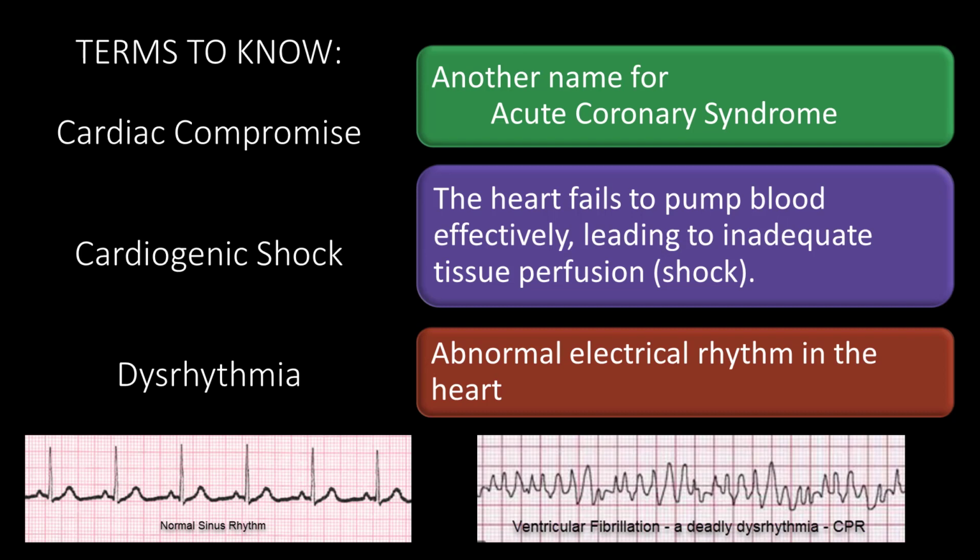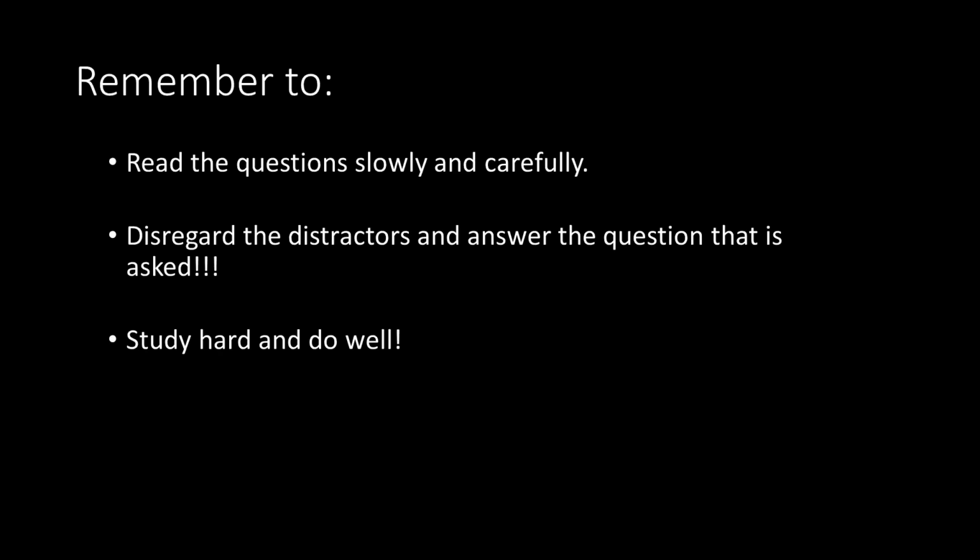The third term is a dysrhythmia, and a dysrhythmia is an abnormal electrical rhythm in the heart. So if you look at the left at the bottom, that's a normal sinus rhythm, and that's a normal rhythm. A dysrhythmia, which would be deadly, is the one on the right, which is ventricular fibrillation or VFib.